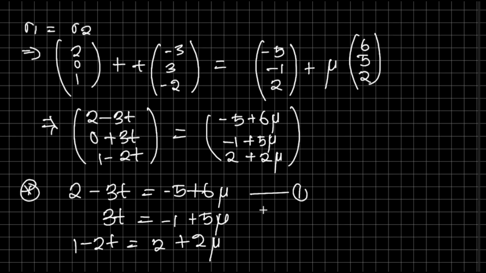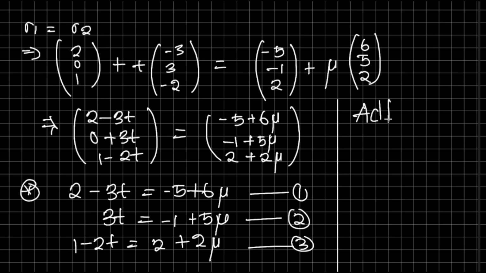Let's call these equation 1, equation 2, and equation 3. If we add equation 1 and 2, we can eliminate t.